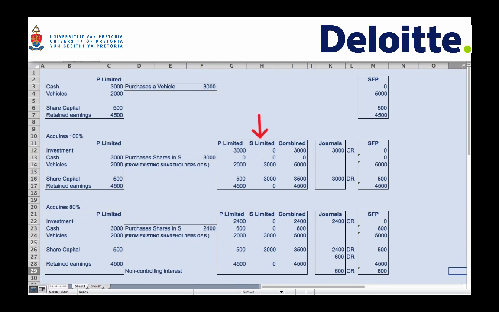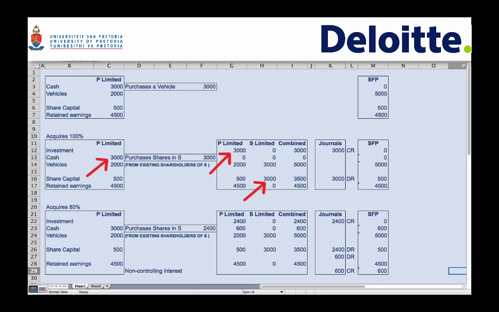P Limited may therefore acquire the shares in S Limited. In so doing, it would obtain control of the vehicle of S Limited. Again, employing its cash of 3,000 Rand, P Limited now acquires the share capital of S Limited.